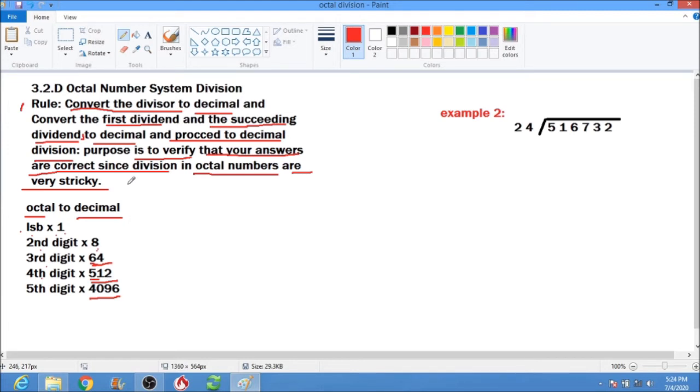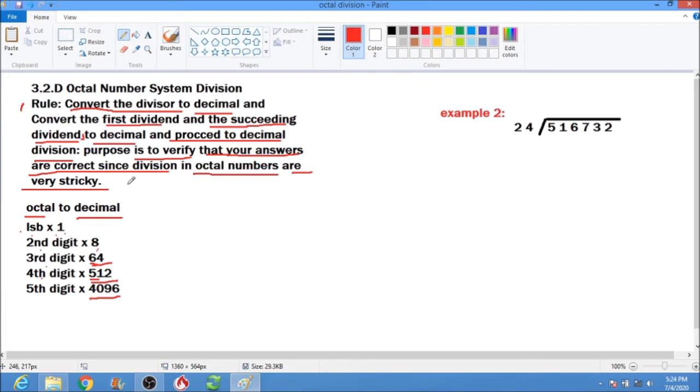We use decimal numbers for counting. If you are one of the prodigy in the subject, maybe you can divide octal numbers by octal numbers automatically without converting to decimal numbers.